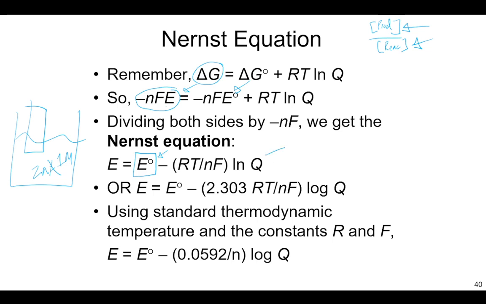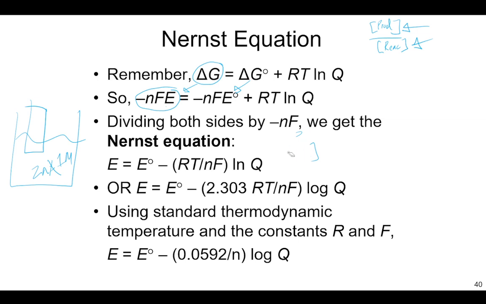By how much? Well, it depends. What are the products and reactants of the reaction involved? Write that expression of Q, plug it in here, take the natural log, and augment it with R and T and the moles of electrons and Faraday's constant.